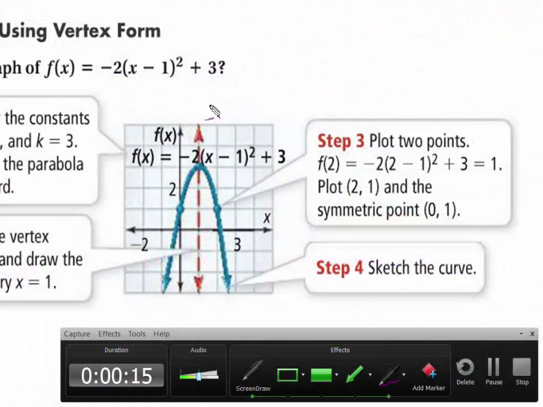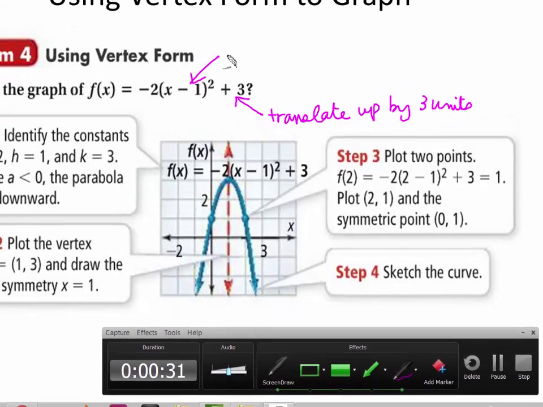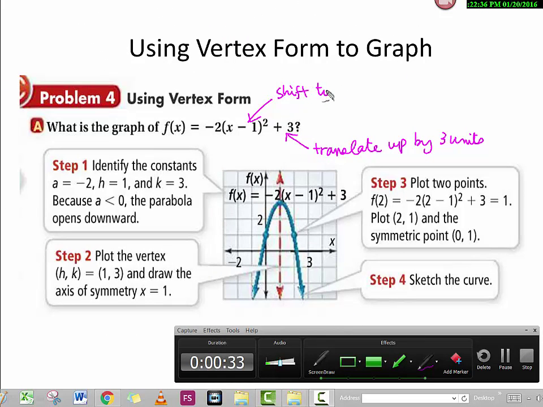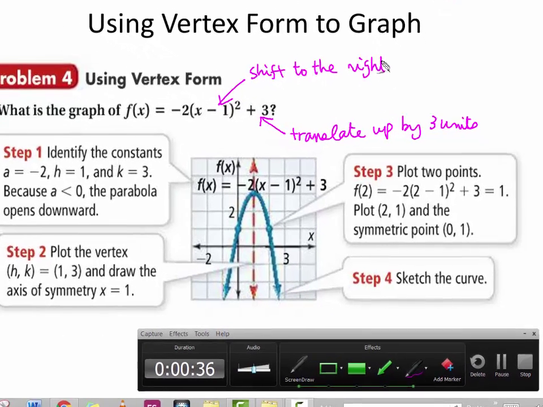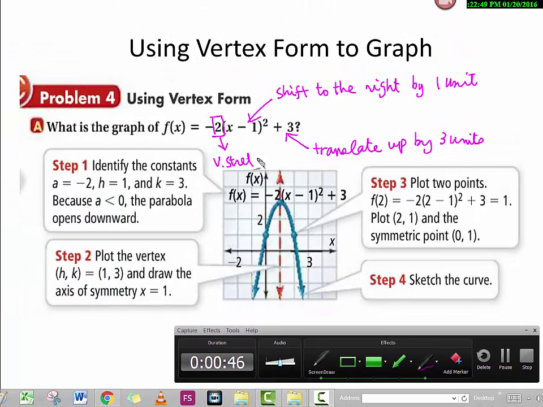To summarize all this transformation from the vertex form, you can say the graph translates up by 3 units and then shifts to the right by 1 unit, and we just take a look at the factor a: it is vertically stretched by a factor of 2.